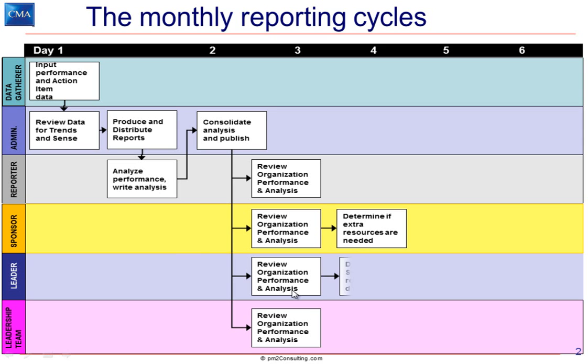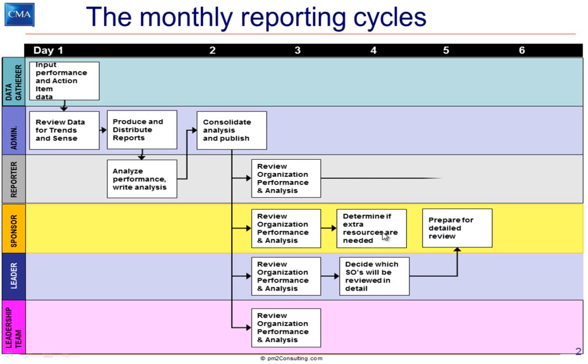The leader needs to take a look at it, and the leader is going to decide which of the strategic objectives need to be reviewed in more detail. Typically we'd only spend 5 or 10 minutes per strategic objective, but you're going to pick off 2, 3, 4 that are going to require a substantially longer conversation because of some performance issues. And based on that, they're going to inform the reporter that they need to prepare for a detailed review.